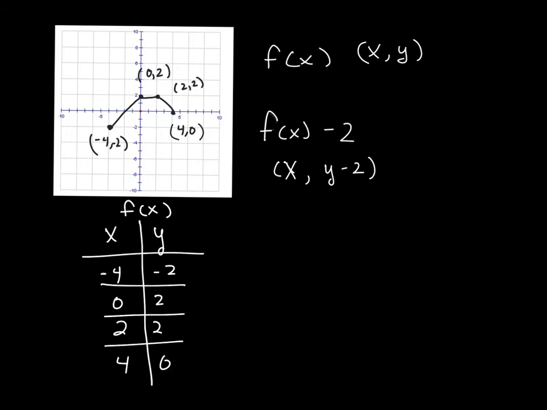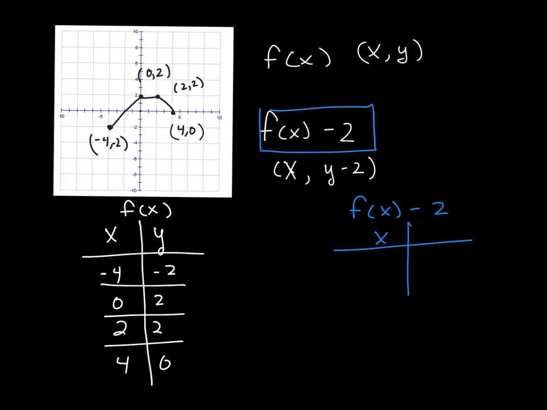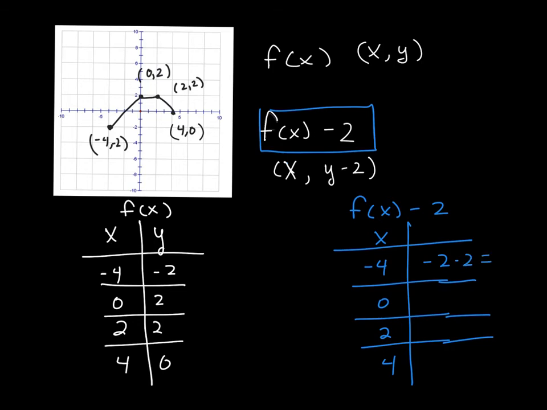So for my transformation function, f of x minus 2, everything stays the same for x. All of the x values stay the same, so negative 4 is the same, then 0, 2, and 4. What changes is the y value. The y value gets subtracted by 2. I'm starting over here with negative 2, so negative 2 minus 2 gives me negative 4.